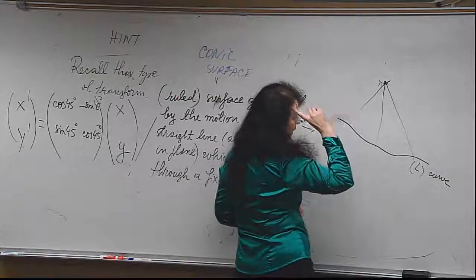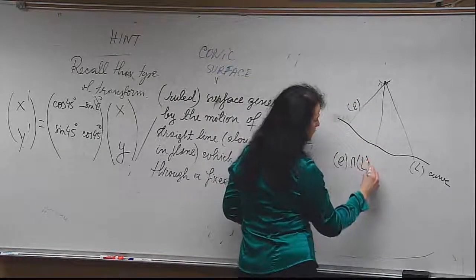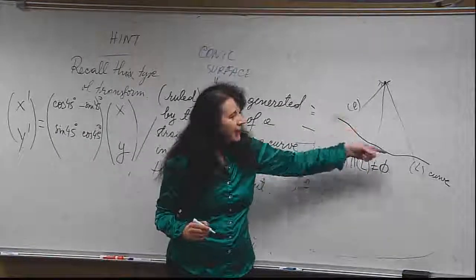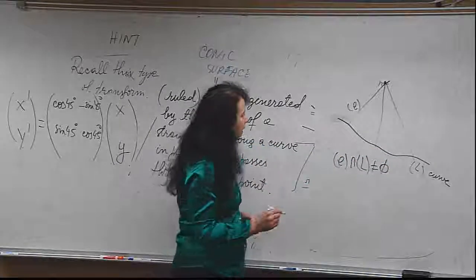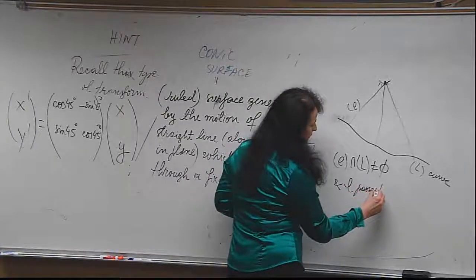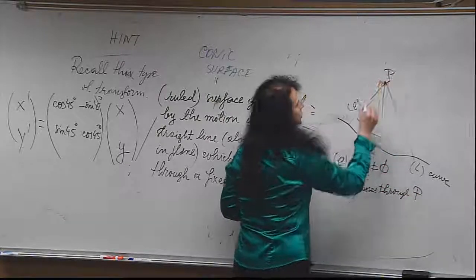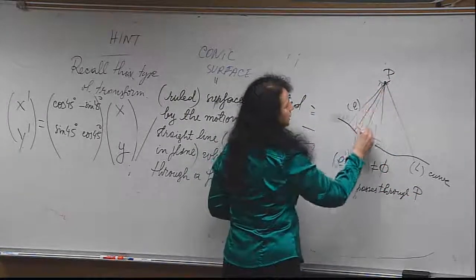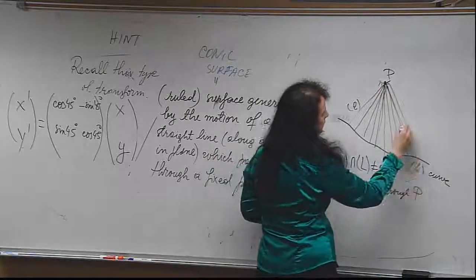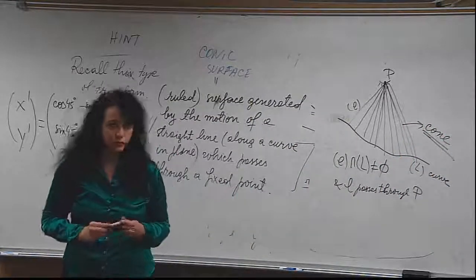Your straight line, little l, intersects big L, different from the empty set, meaning little l has to touch big L, and little l passes through P, which is fixed. What you get is a conic surface. It's a cone. It's also a ruled surface.